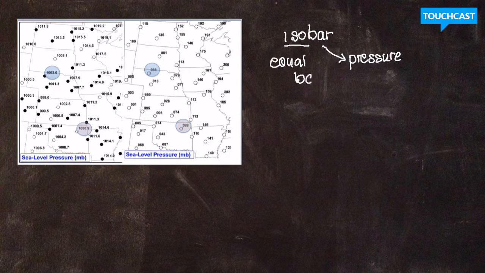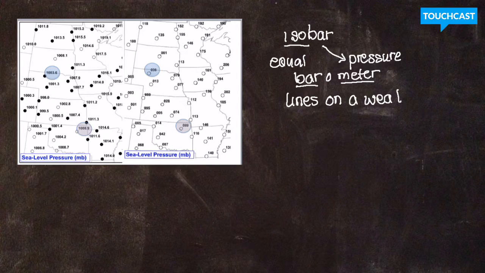And if you remember, a barometer measures pressure. So an isobar are lines on a weather map of equal pressure.